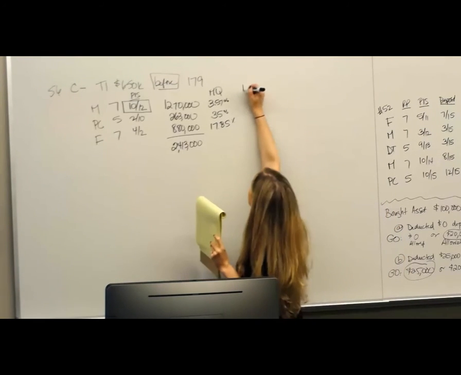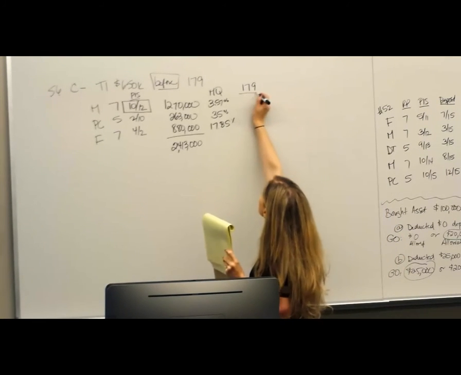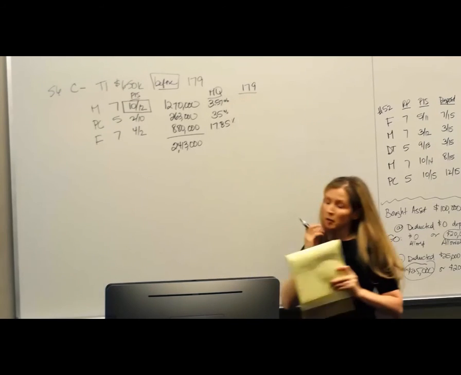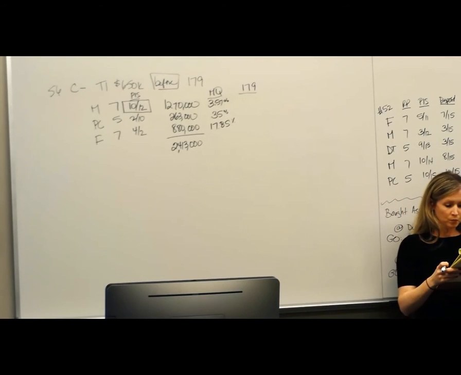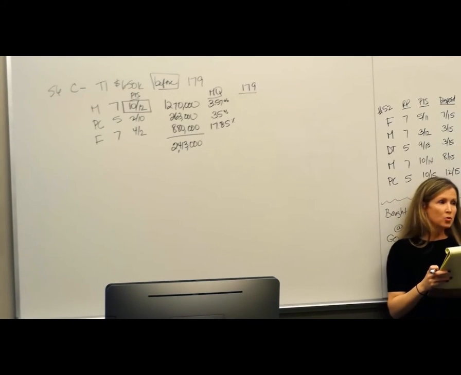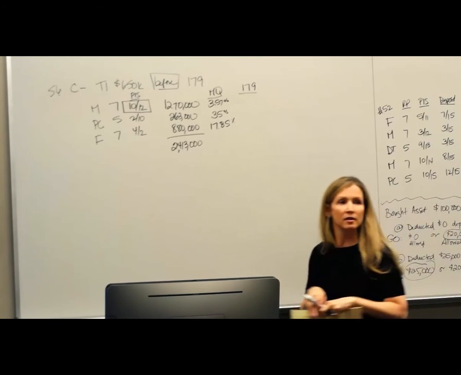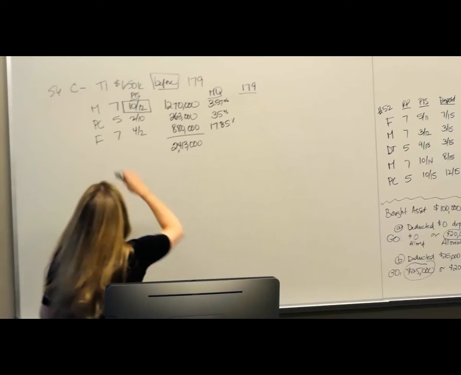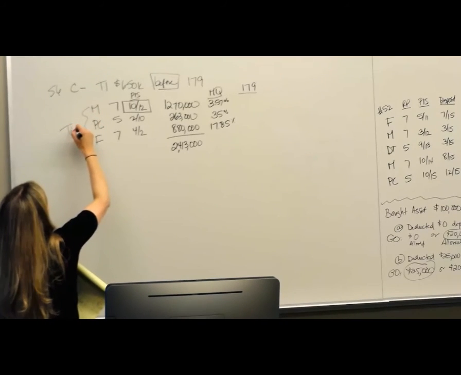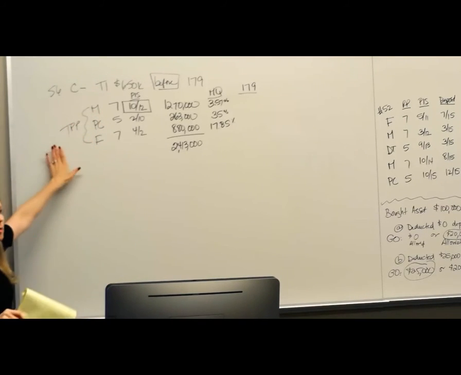Now they want to know what amount of 179 can I claim? How much 179 can I deduct? 87. Okay. 87. You guys see why it's 87? These are all tangible personal property. Be wary, again, if there's real property on here, you pull it out when you're making that $2 million calculation.